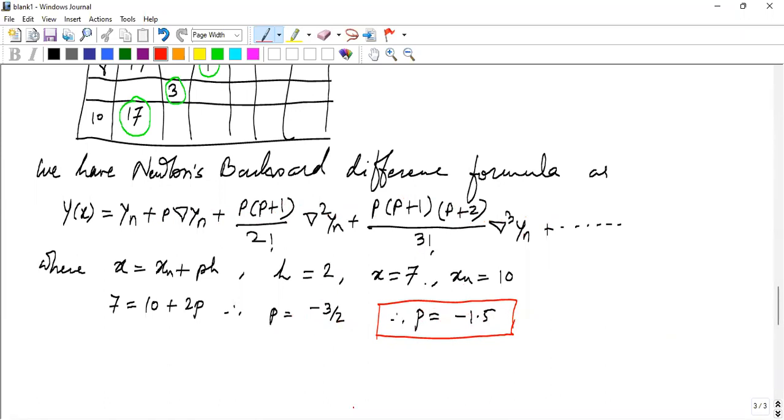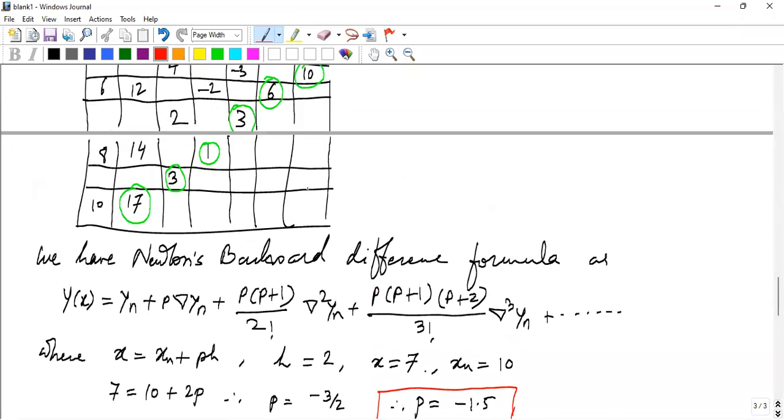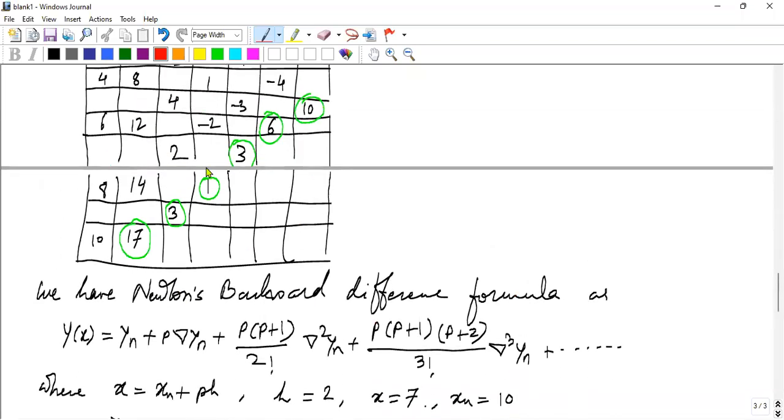Okay. So now we know the value of x, we know the value of p, we know all the backward differences. So here we have all the backward differences. Okay, so this is yn, this is del yn, this is del square yn, this is del cube yn, this is del raised to 4 yn, and this is del raised to 5 yn.